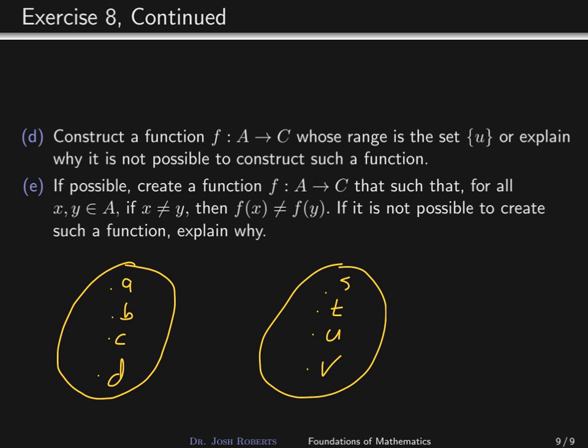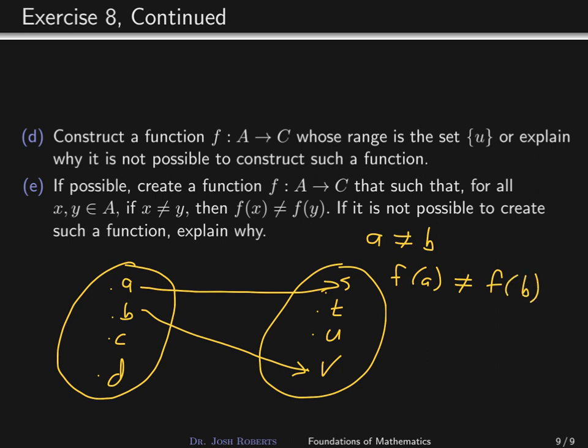That is, A and B are 2 different elements, and if I send A to S and B to V, then their images are also different. I have A is not equal to B, and f of A is not equal to f of B, because S is not equal to V. That is, f of A is equal to S, f of B is equal to V. And these are not equal elements over here.